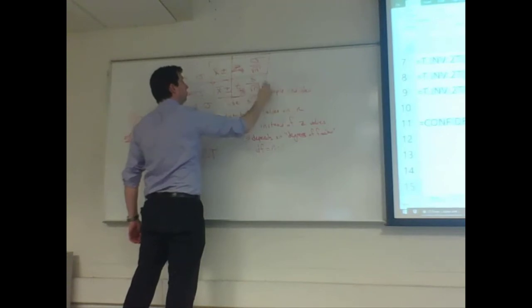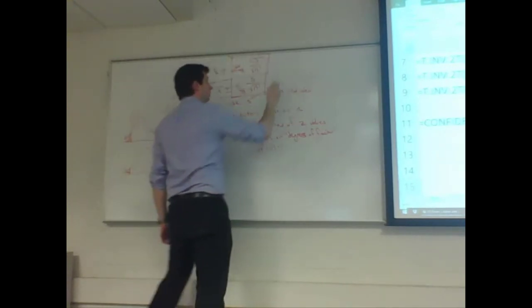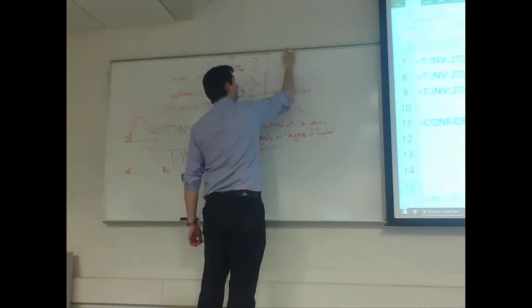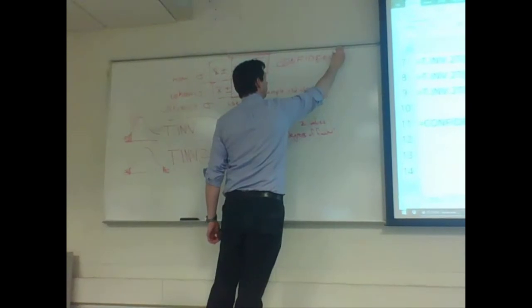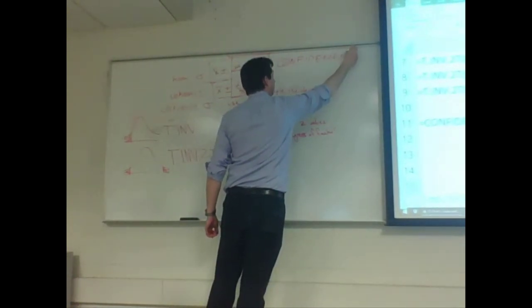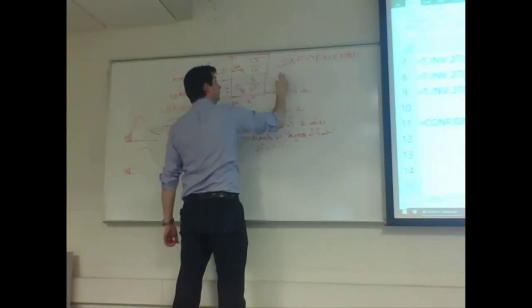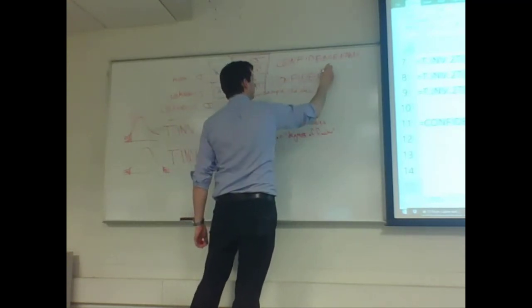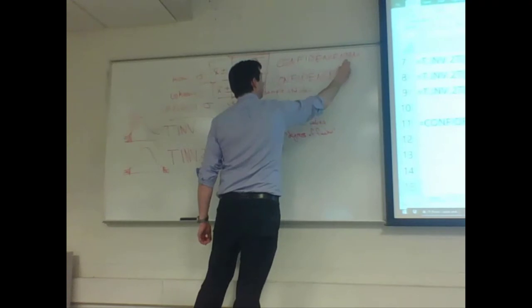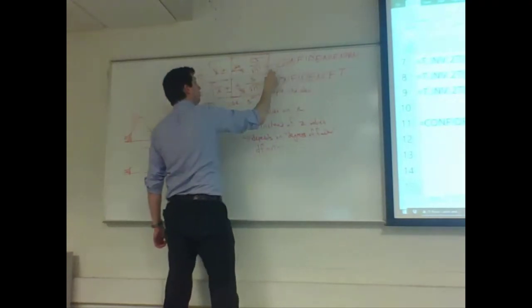The confidence norm function only will calculate this part right here. Or, here, let's do it. Confidence norm, confidence T only do the margin of error.